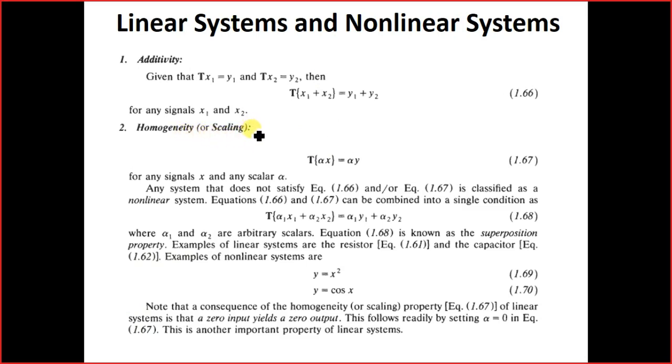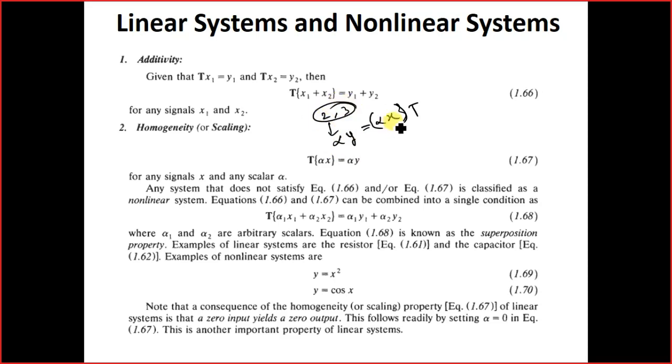The homogeneity rule says that if you give alpha x as the input, your output would be given by alpha y, where alpha is a scalar quantity, say 2, 3, whatever.